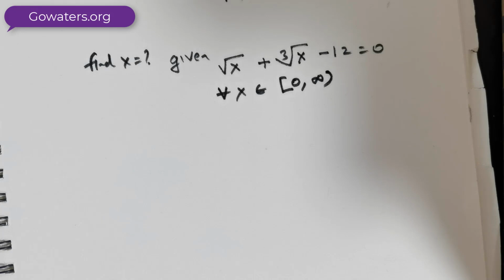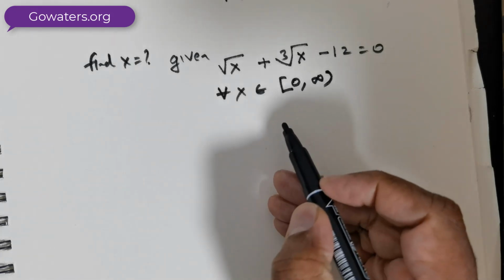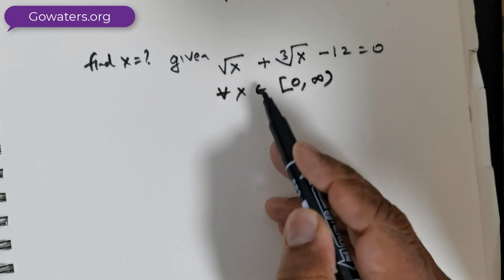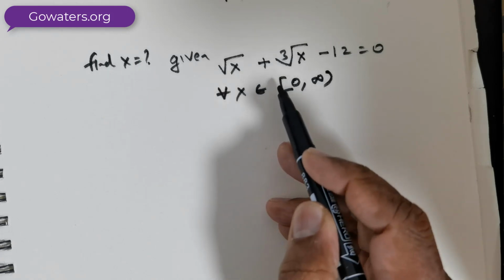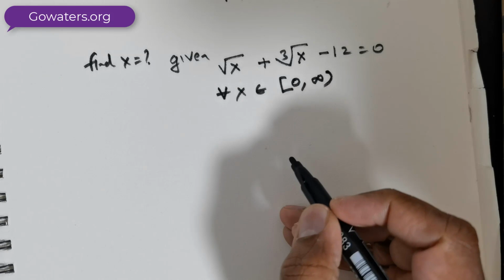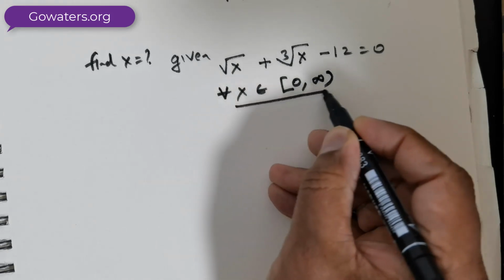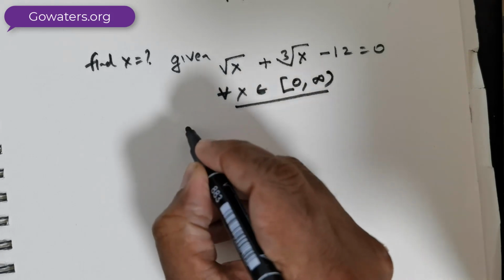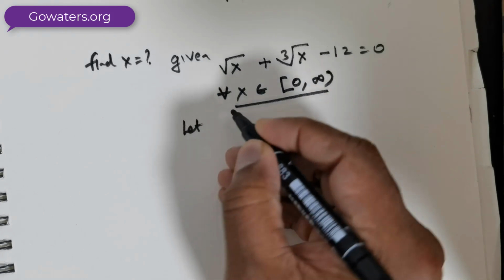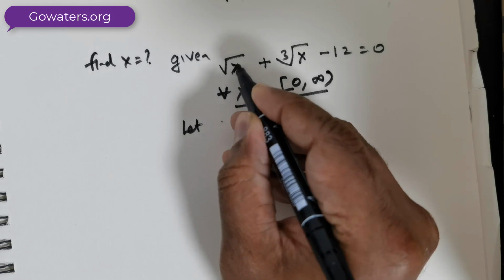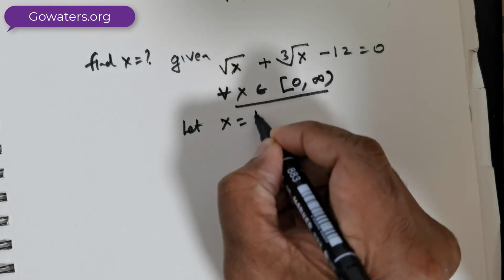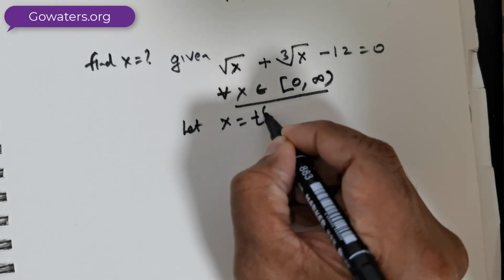So having got that to be the domain, I would like to simplify this in such a manner that I am in a position to solve it. With the domain in mind, let me make the following substitution. Let x be equal to t raised to the power of 6.